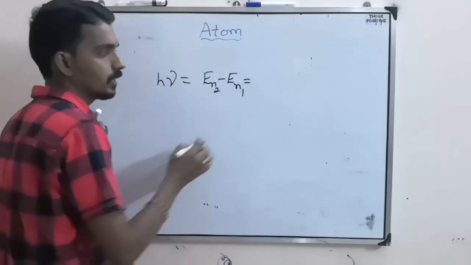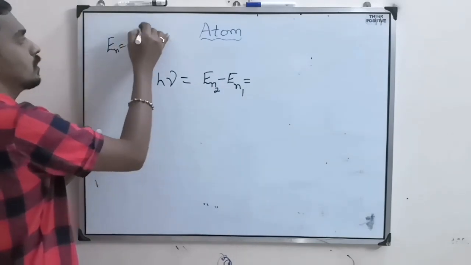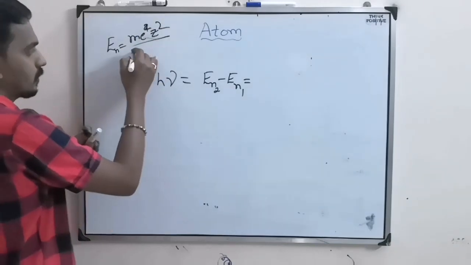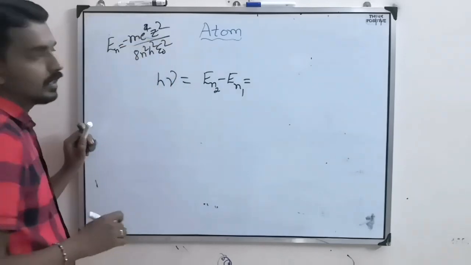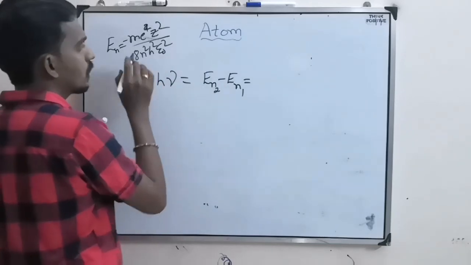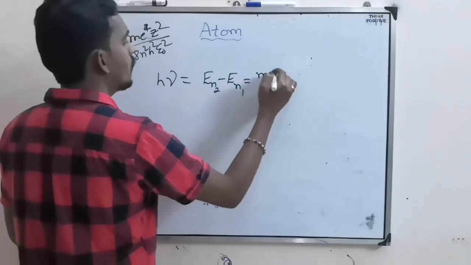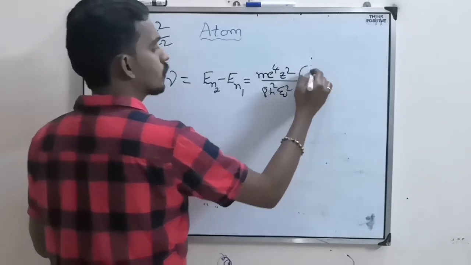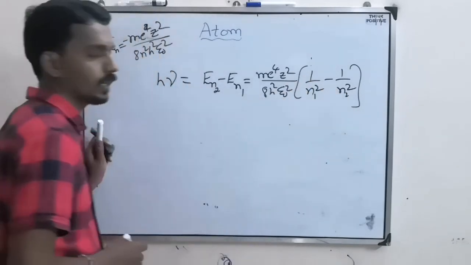This is the photon energy, equal to the general En formula we have seen, m e to the power 4 Z square by 8 n square h square epsilon naught square. Now here n2 means n2, n1 means n1, remaining everything is the same. So if you do this, then m e to the power 4 Z square by 8 h square epsilon naught square into 1 by n1 square minus 1 by n2 square.